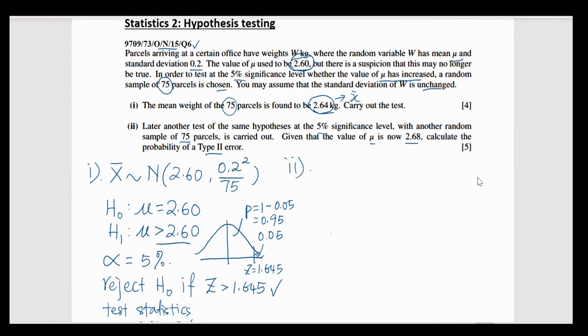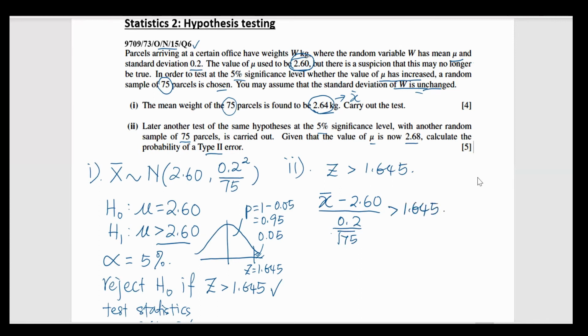As we know, we are going to reject the H null if the z-score is greater than 1.645. So when the mean remains at 2.6 and the standard deviation is unchanged, what value of the X bar are we going to reject the H null at, right? So we're taking this greater than 1.645.